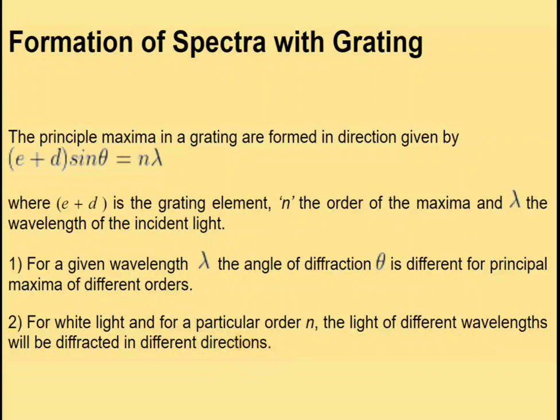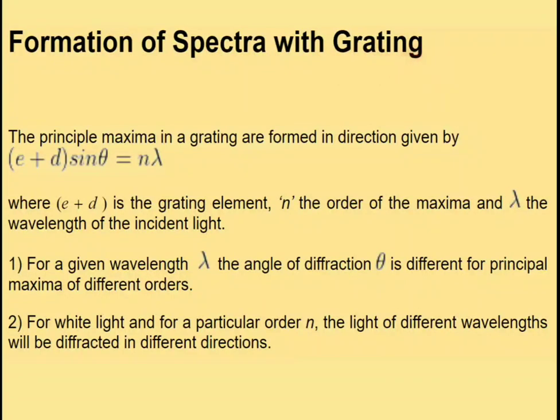That means when a prism is exposed to white light, it separates the different colors, which is simply named a spectrum. So the spectrum is formed with the help of a prism. The same phenomenon we can observe by using a grating also.